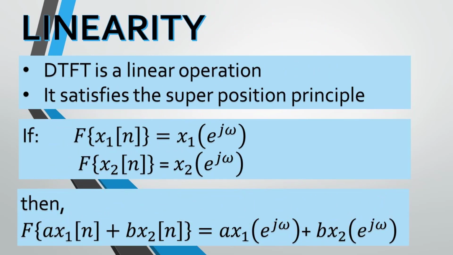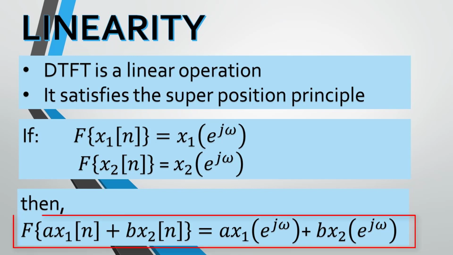Linearity property of DTFT. DTFT is a linear operation, meaning it satisfies the superposition principle. It states that if the Fourier transform of x sub 1 of n is equal to X sub 1 of e raised to j omega and the Fourier transform of x sub 2 of n is equal to X sub 2 of e raised to j omega, then the Fourier transform of the sum of the weighted signals is equal to their weighted transforms.